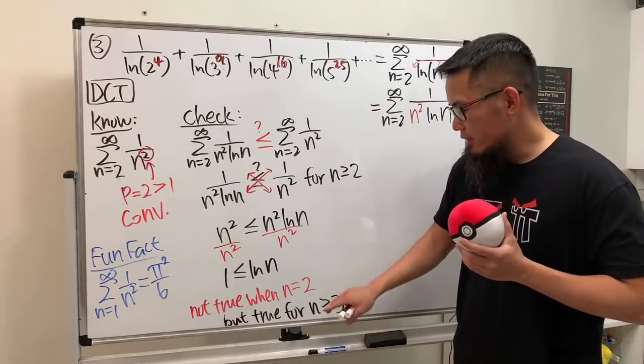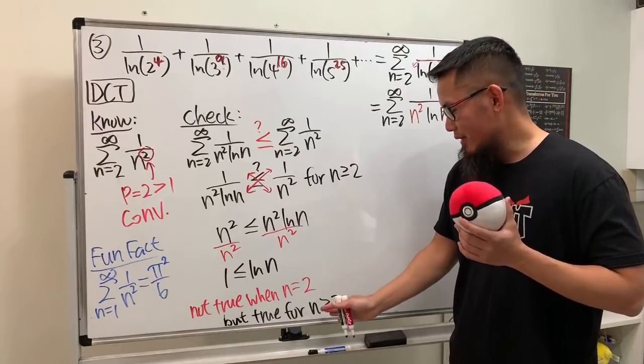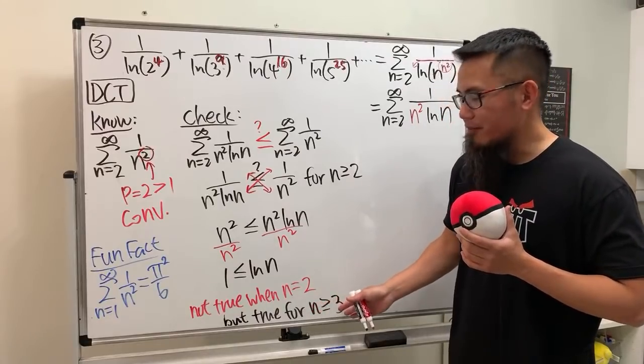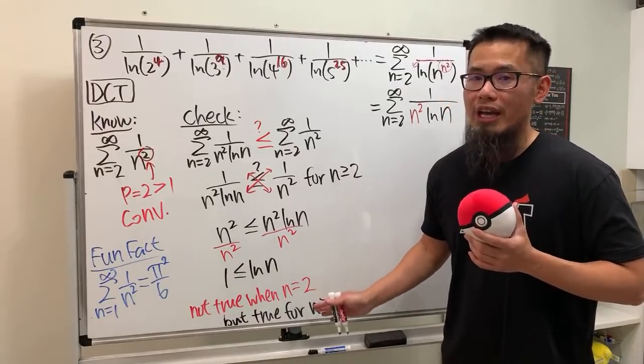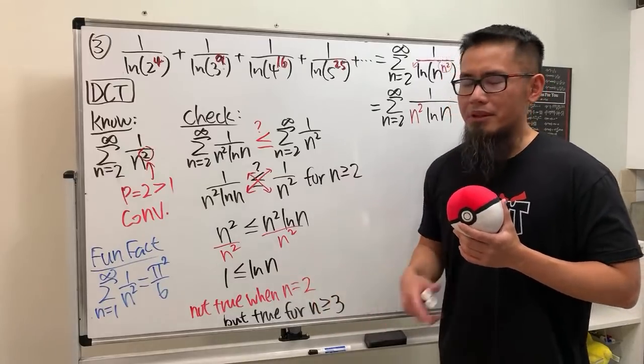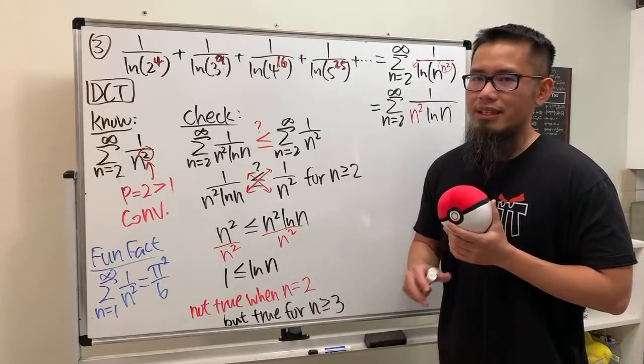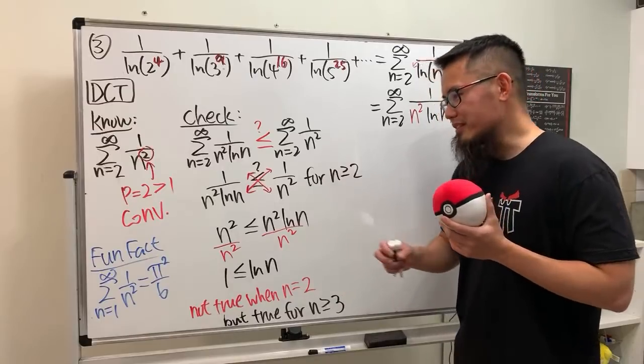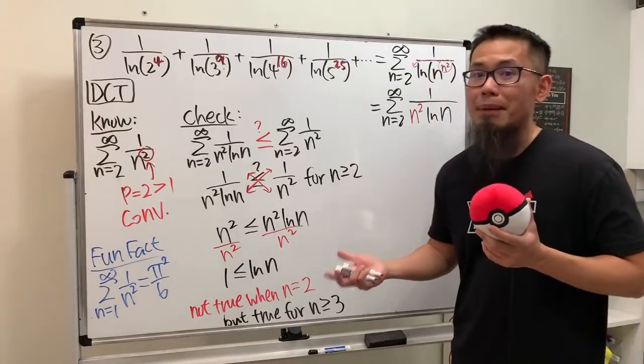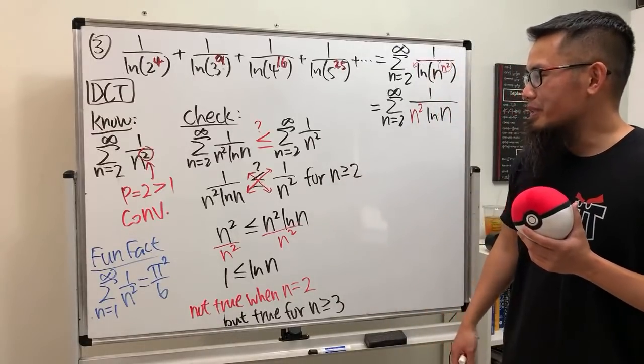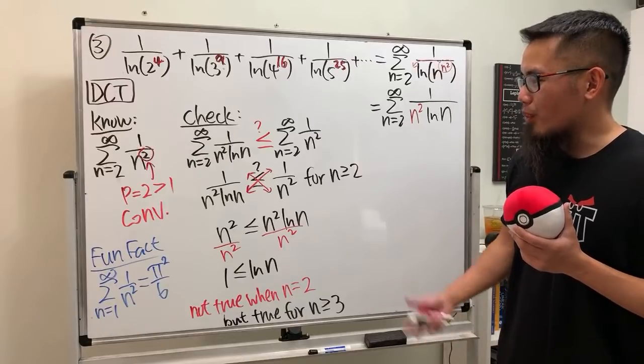As long as it's true for n greater than or equal to some value, then this is actually okay. So if the first number doesn't work, this right here is still okay. That's one of the things that's really hard to grasp, and usually I don't like to assign this kind of problem.